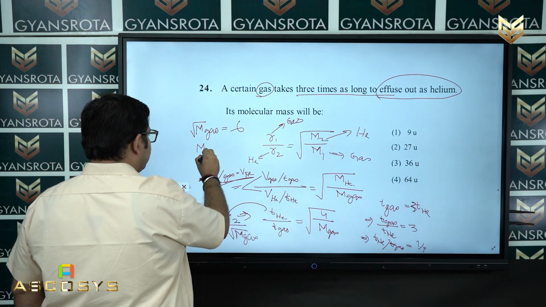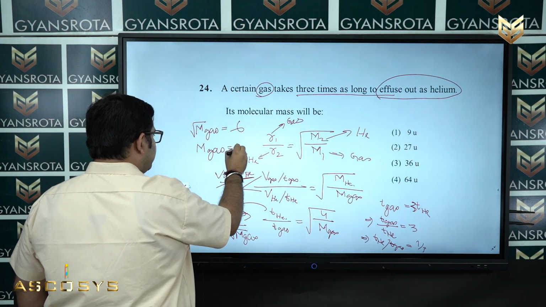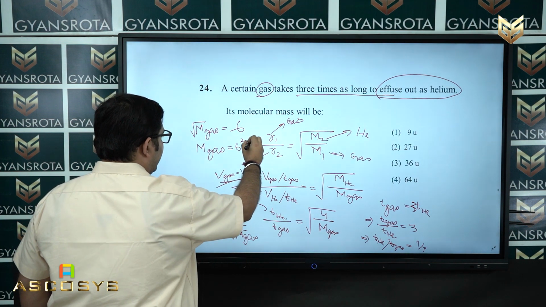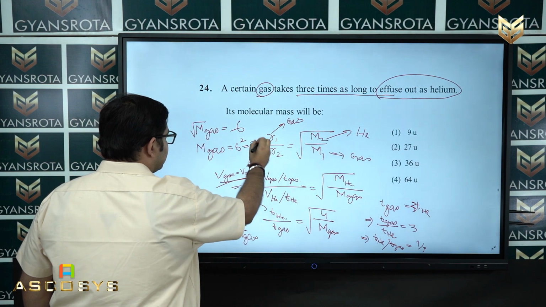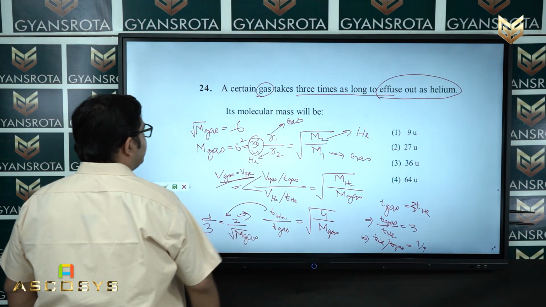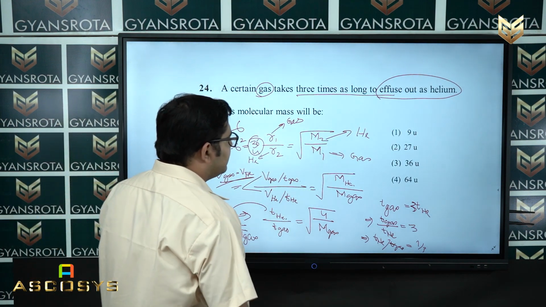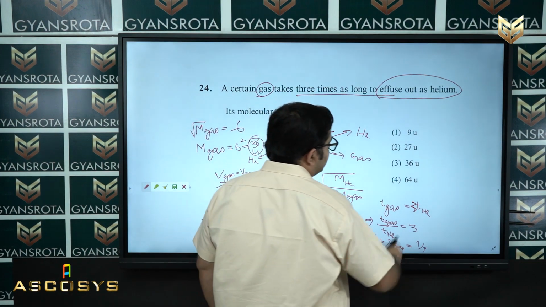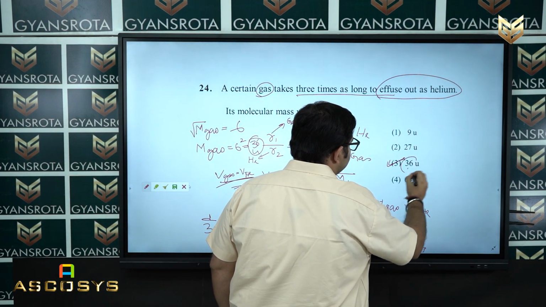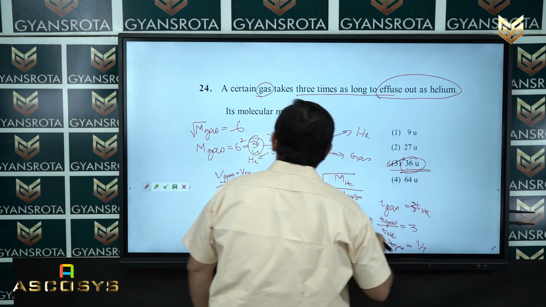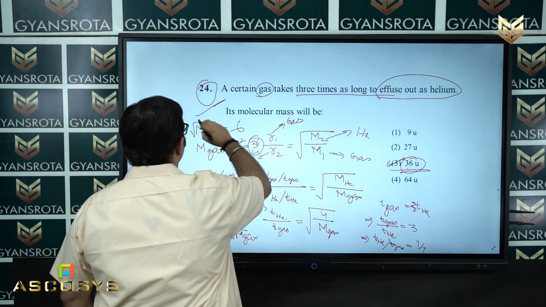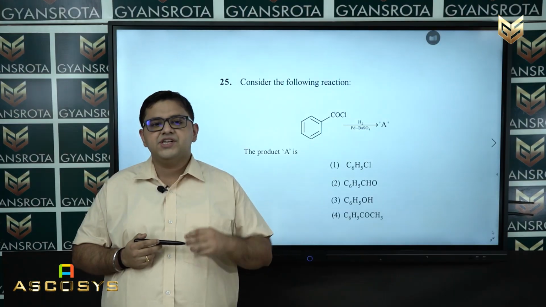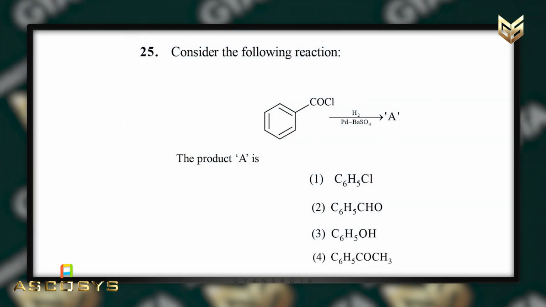So M gas is equal to 6 square, which is 36. So 36 is the answer of this question. Among the options, option number 3, that is 36 u, is the correct answer of question number 24.